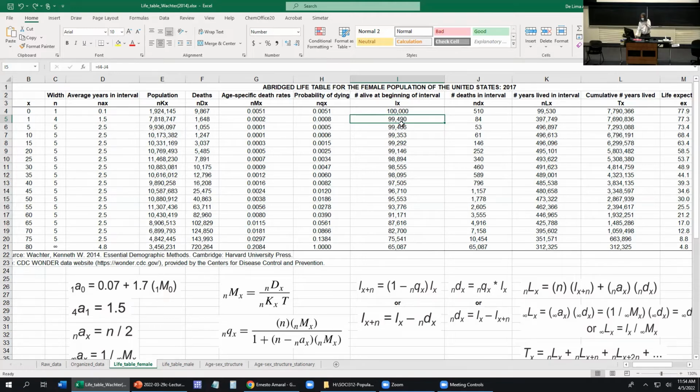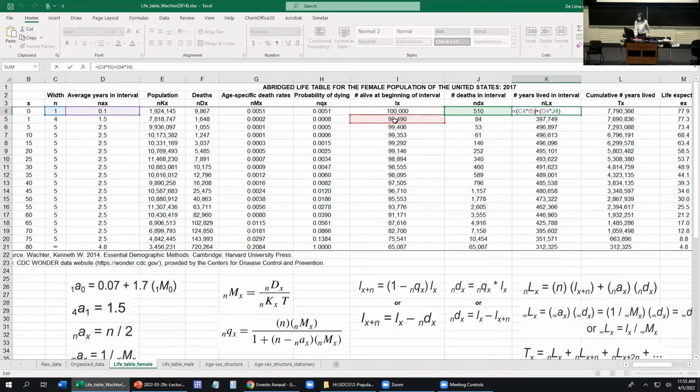Because all of them survive to the next one. So we pretty much get this number here from the next one, multiplied by the width of this interval. So when we are doing this formula here, we get, see, the n is C4 times Lx plus n.